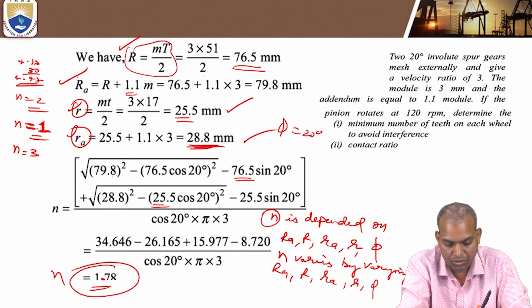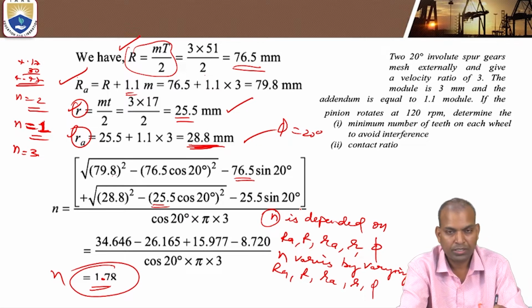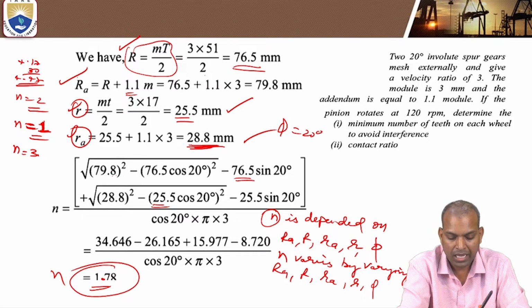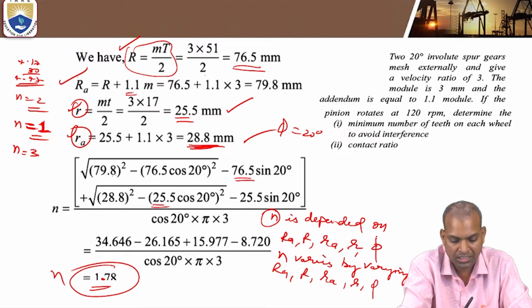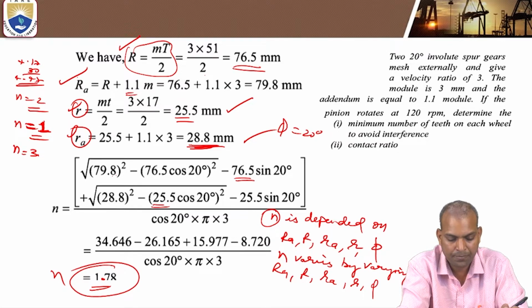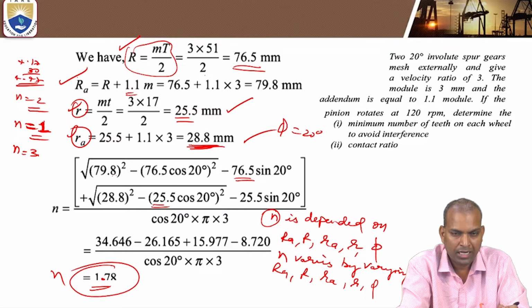So suppose if the addendum circle radius is increasing, what will happen to contact ratio? It increases. Or any one parameter is increasing, or especially the addendum circle and pitch circle radii of pinion and gear are changing, the contact ratio will be changed.